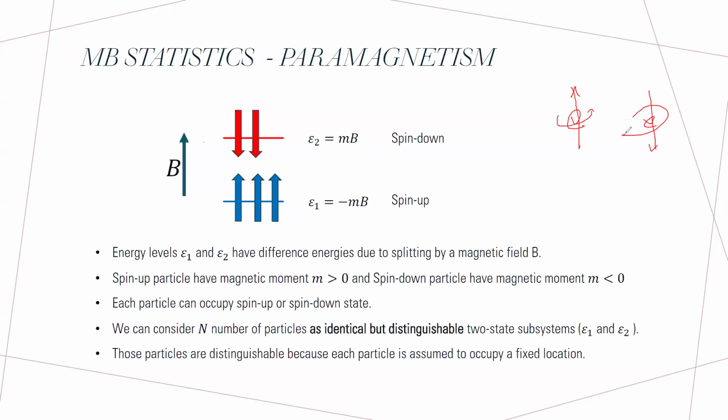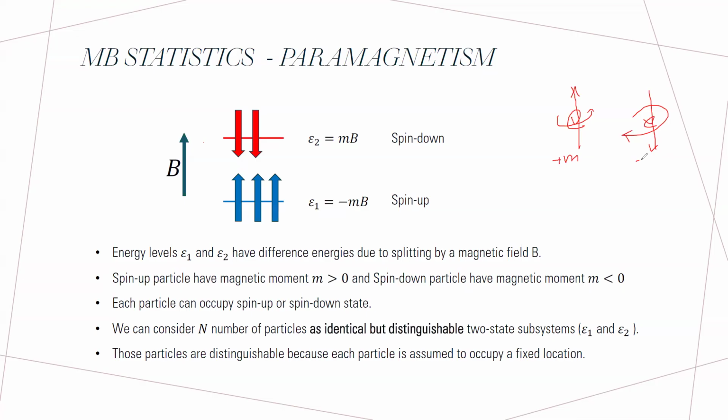Here, this is the direction. Anyway, so basically, spin up particles, because their axis is in the upside, have a positive spin value or magnetic moment.